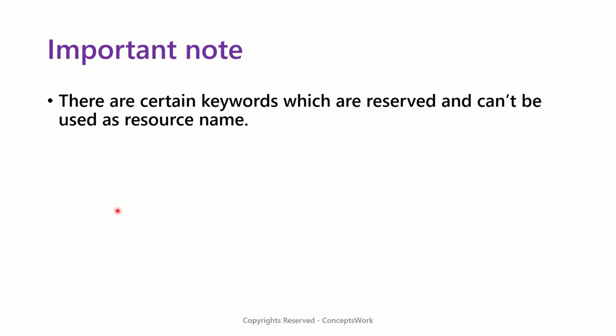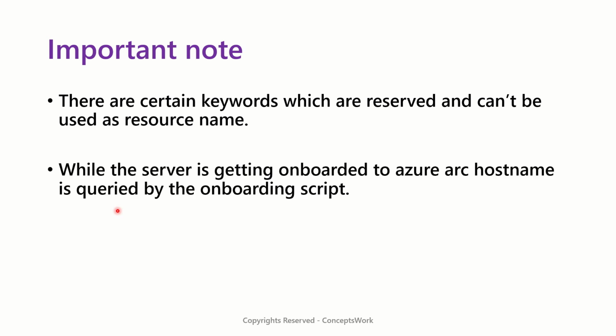Now, one more very important note that I want to highlight here: there are certain keywords which are reserved and can't be used as a resource name. Whenever the onboarding script gets initiated on a device, or let's say on a server, it goes ahead and checks the host name of the machine.